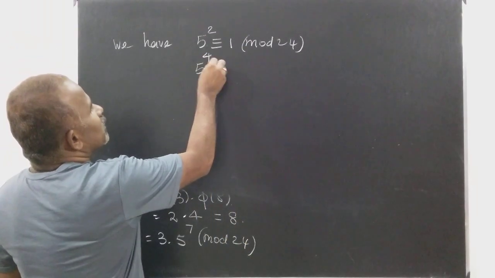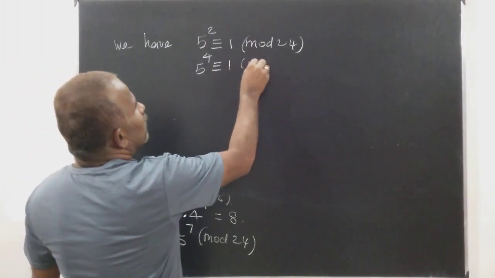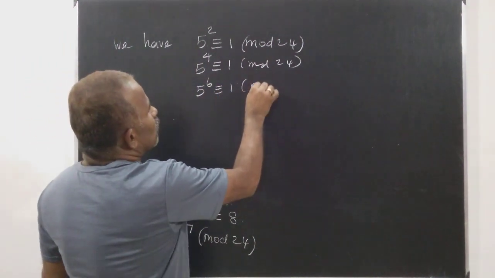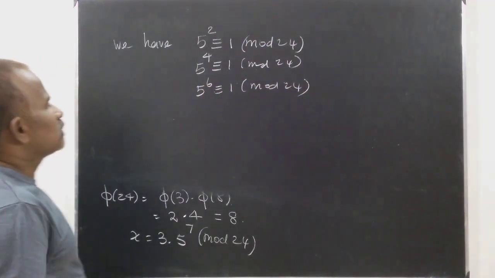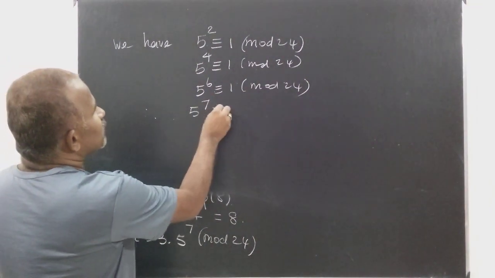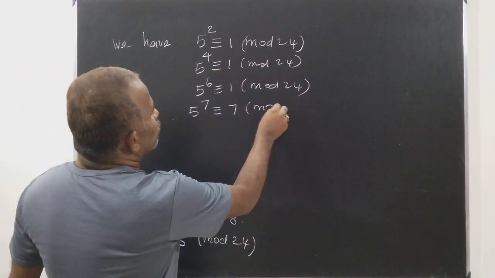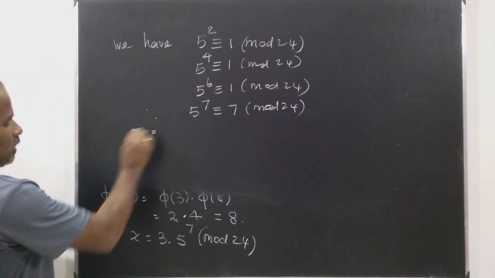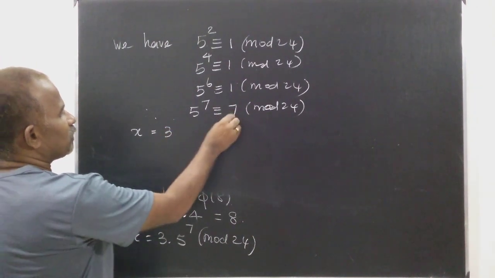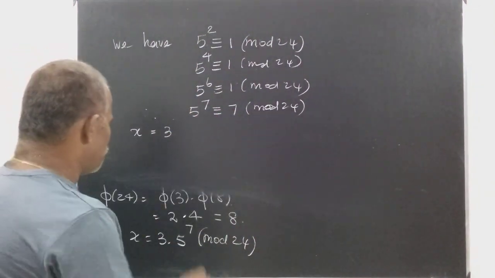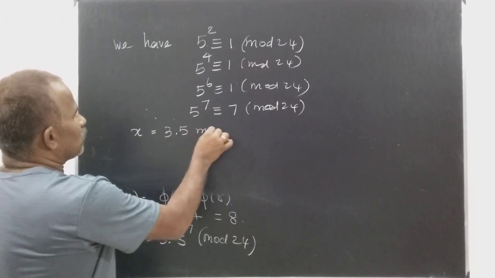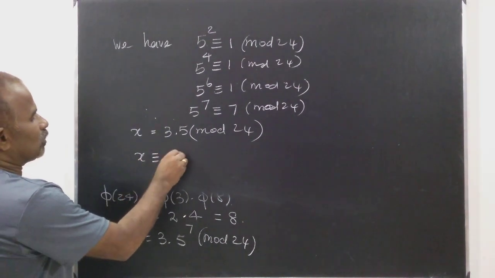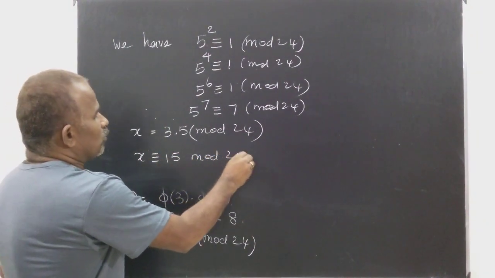Similarly 5 to the power 4 is congruent to 1 mod 24, and 5 to the power 6 is also congruent to 1 mod 24. Therefore 5 to the power 7 is congruent to 5 mod 24.